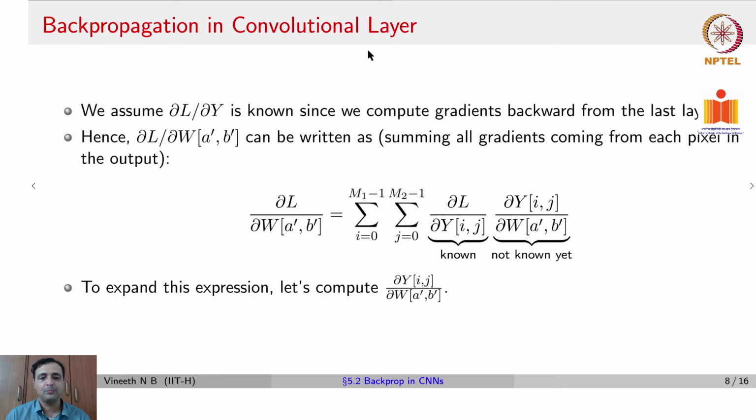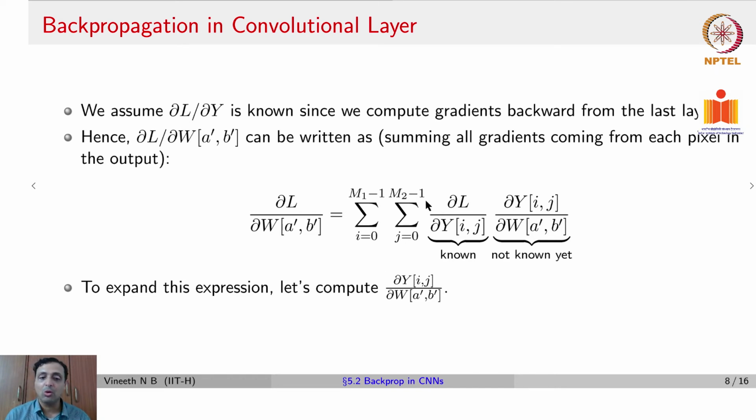Now let's move forward. We now write ∂L/∂W at (a', b') given by the summation over the entire dimension of Y. Remember, Y we said has a dimension of M1 cross M2.